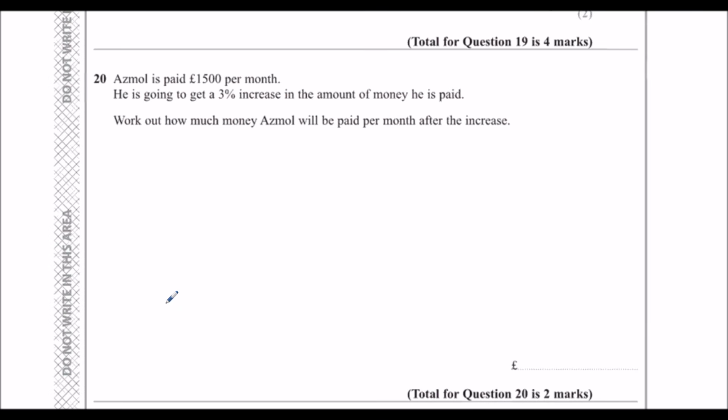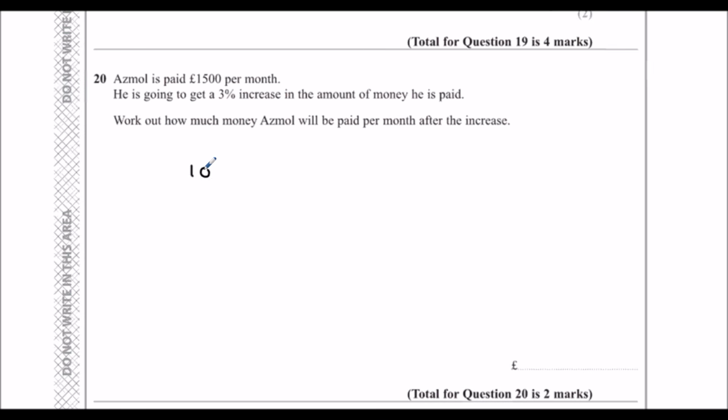Asmol is paid £1,500 per month. He is going to get a 3% increase in the amount of money he is paid. Work out how much money Asmol will be paid per month after the increase. Okay, so we need to work out what 3% is and add it on.